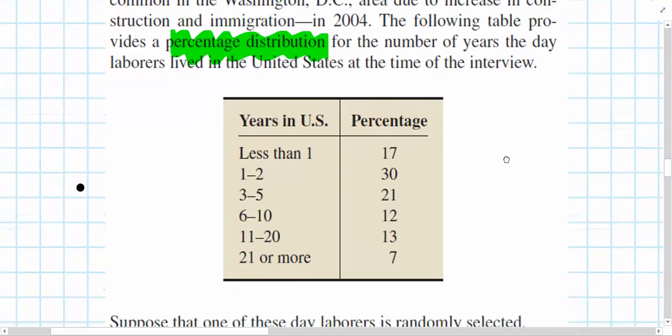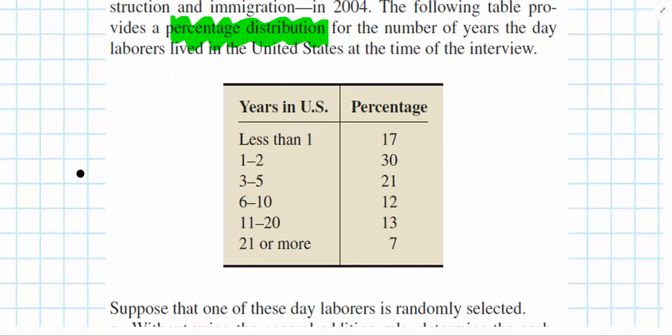So what we see here is out of the 476 day laborers that were followed, 17% or 0.17 probability of those 476 day laborers lived in the United States for less than a year when this study was conducted. 30% or a probability of 0.30 lived in the United States between 1 and 2 years. 21% lived in the United States for between 3 and 5 years before this study was conducted, and so on, all the way down here to 7%. About 7% of those in this study lived in the United States for 21 years or more.